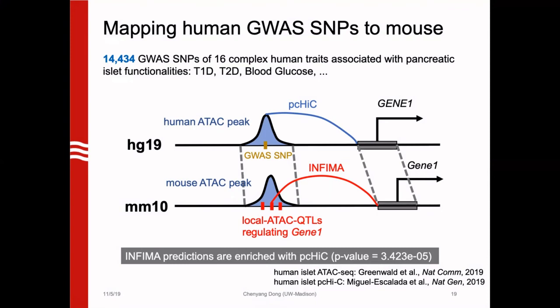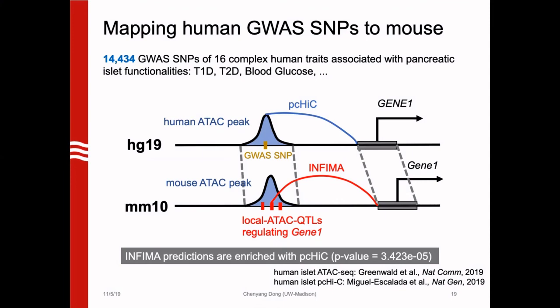So we first use liftOver tools to map, so here we have human ATAC data and mouse ATAC data. And we try to map the human ATAC peaks with mouse ATAC peaks using liftOver. And the human ATAC peaks can cover GWAS SNPs, or the GWAS SNP is very close to that peak.